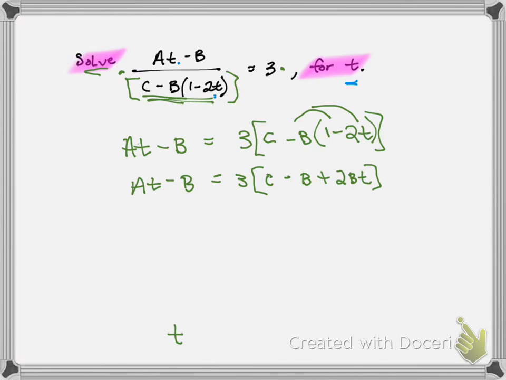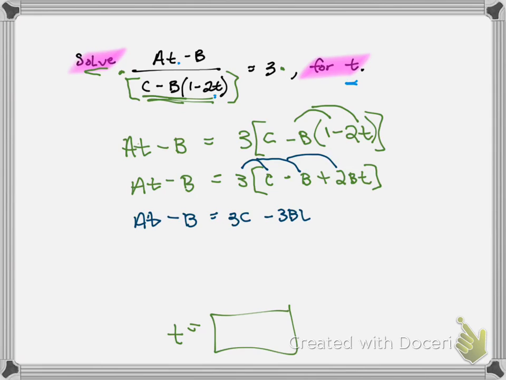We want t equals something in the end, and we still have some work to do. I'm going to change colors here for you. Next step is we will distribute our 3, and so we've got at minus b is equal to 3c minus 3bt plus 6bt.